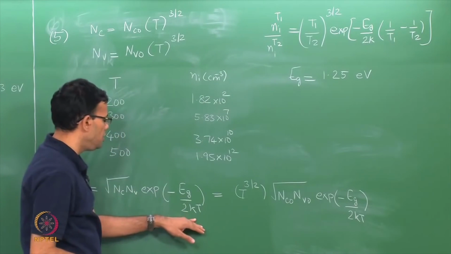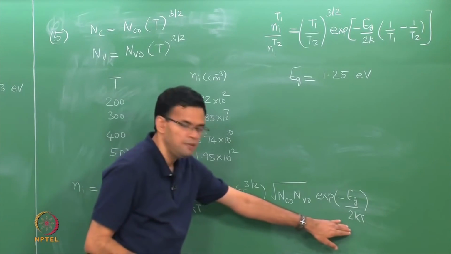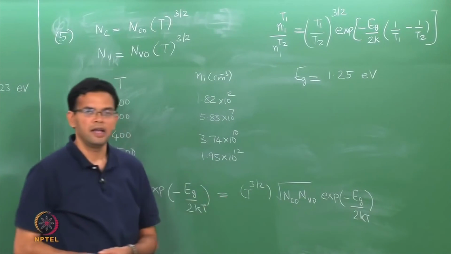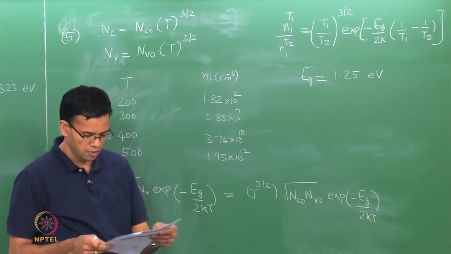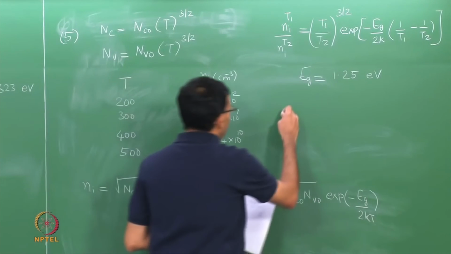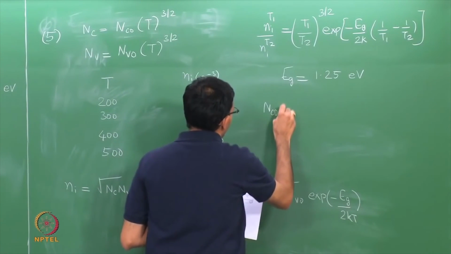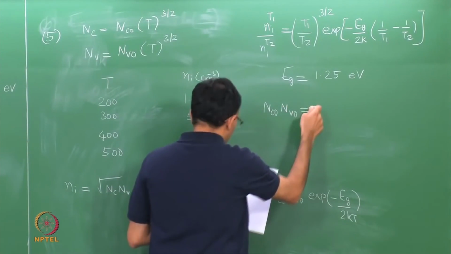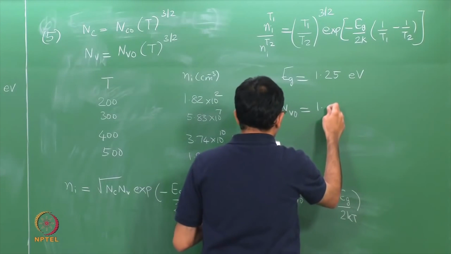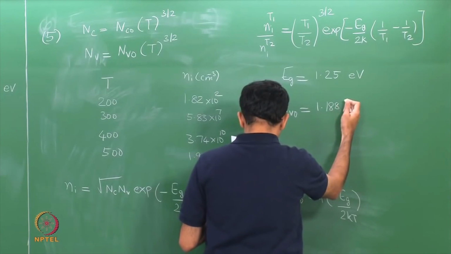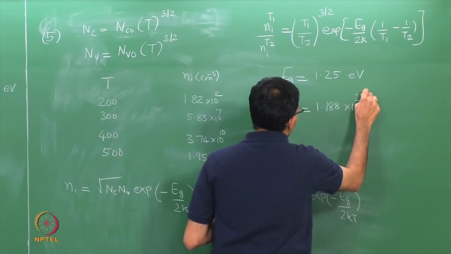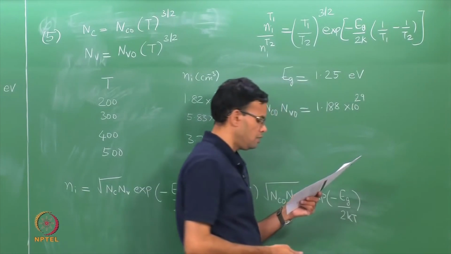Once you know Eg, you can substitute Eg for any of the temperatures and evaluate Nc naught and Nv naught. This is a temperature independent term. If you do that, Nc naught times Nv naught is nothing but 1.188 times 10 to the 29. The units here are crucial.